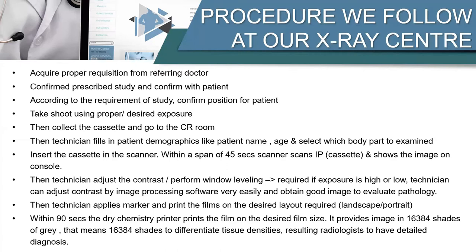Then the technician applies a marker, whether left side or right side, and after adjusting all the things, he gives a print, which takes hardly 90 seconds to come out. So it takes very little time to develop an image. Next slide, please.